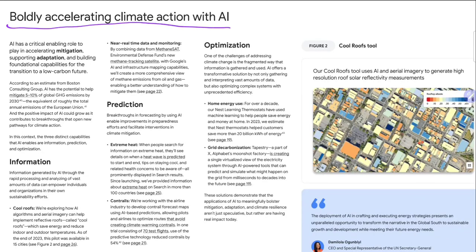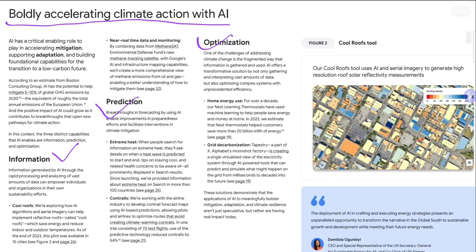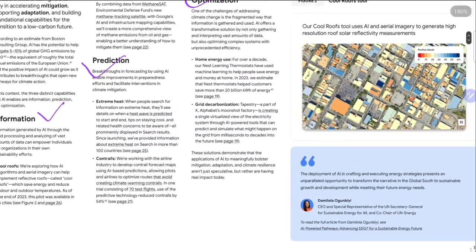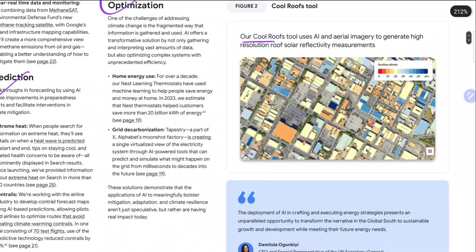So here from the reporting or disclosure perspective, students, you see what the company is writing in this particular section: the information related to climate action with AI, how we can accelerate predictions and optimizations. This is the information highlighted here. If you see our cool roof tool, it is a tool designed by the company that uses AI and aerial imagery to generate high-resolution roof solar reflectivity measurements.